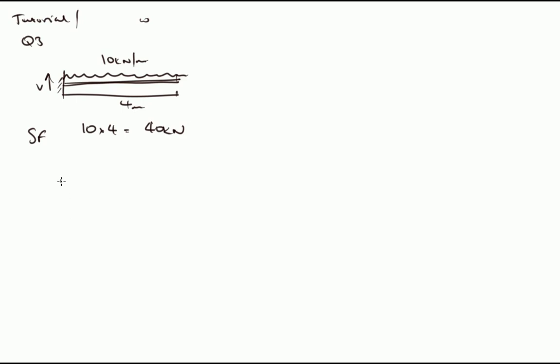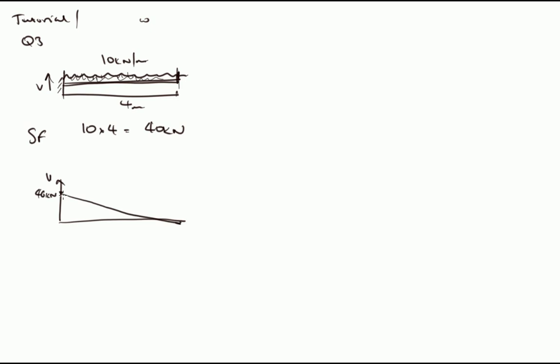So we can draw our shear force diagram straight away, and we can see that because we've got this UDL, this shear force going in this direction, which is positive, reduces incrementally by this uniformly distributed load until we come to here, where we've got 10 times 4, which is 40, balancing our 40 in the upwards direction. So this starts here at 40 kilonewtons and then comes down to 0 at this end.